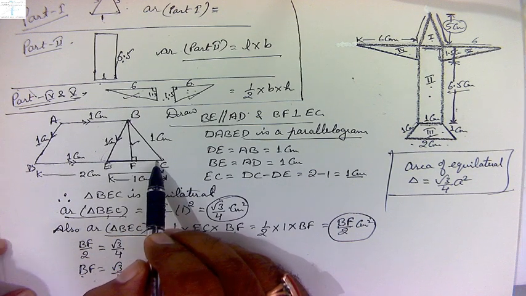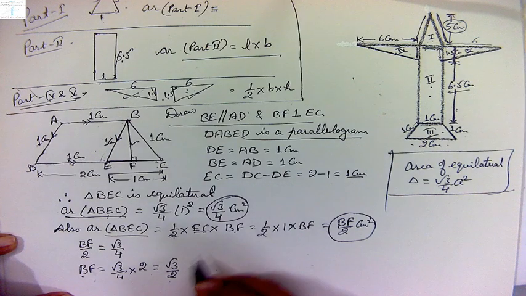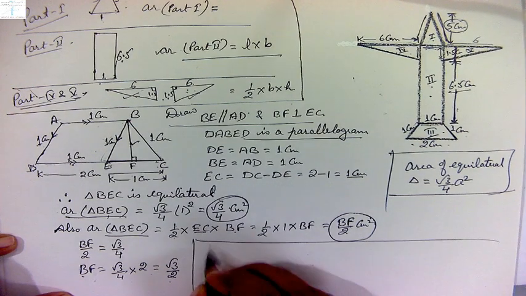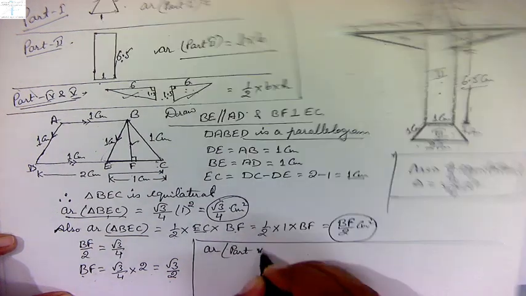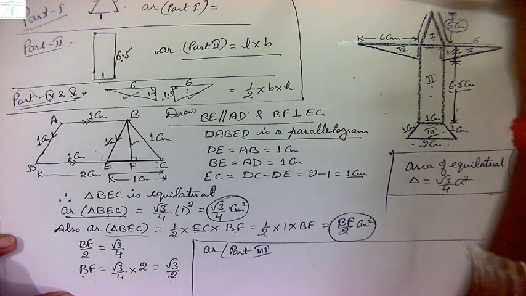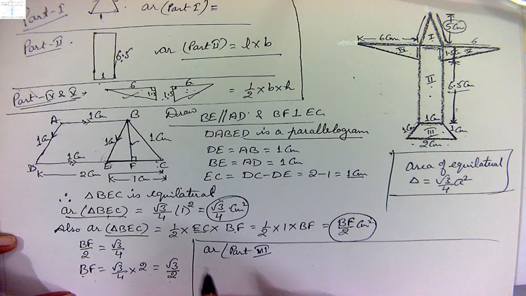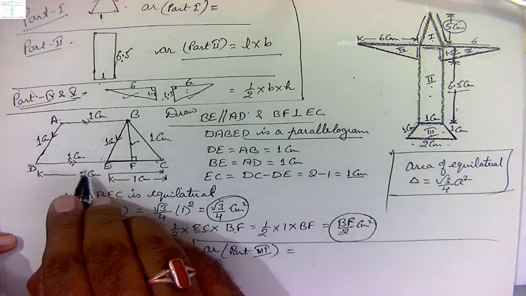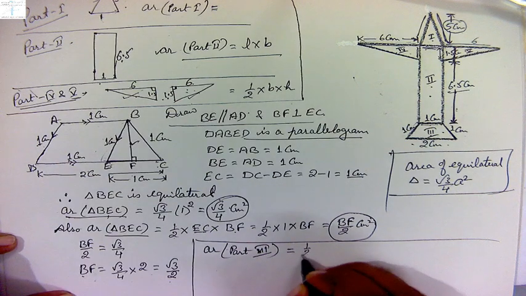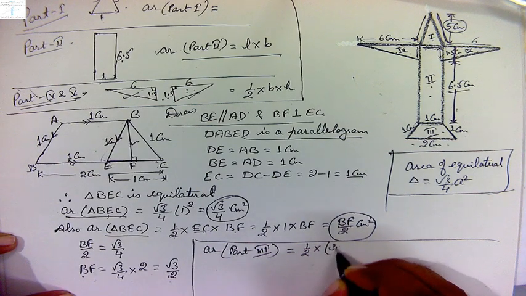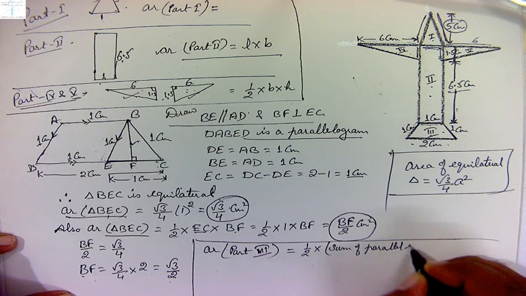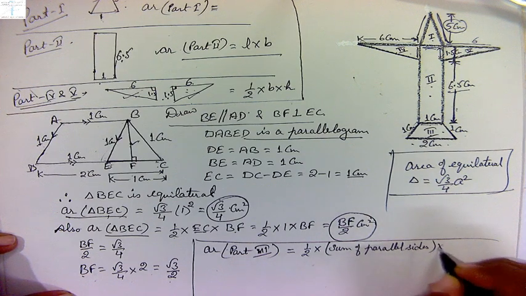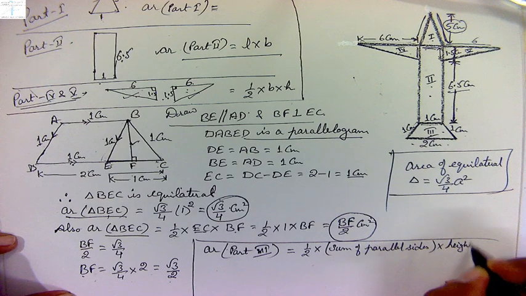So what you can do here now, you can straight away calculate the area of the trapezium. So area of part 3, the third part. It is a trapezium. So area of trapezium is half multiply sum of parallel sides multiplied by height.